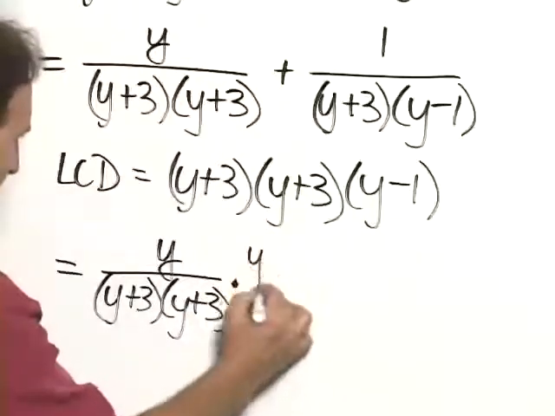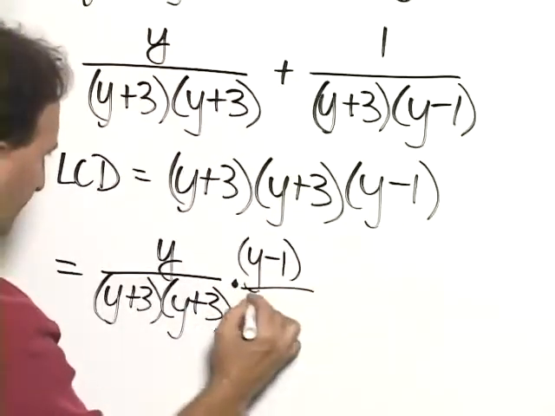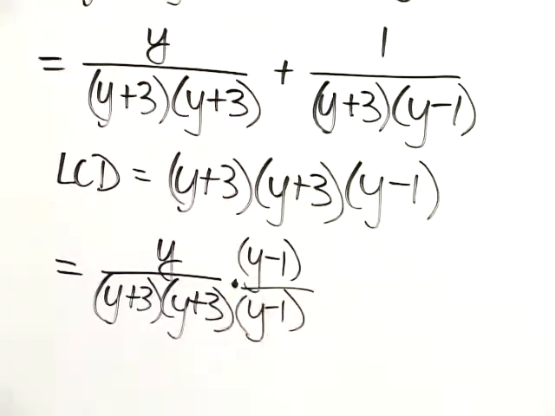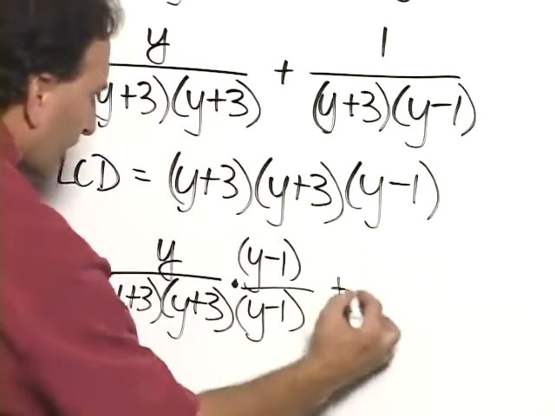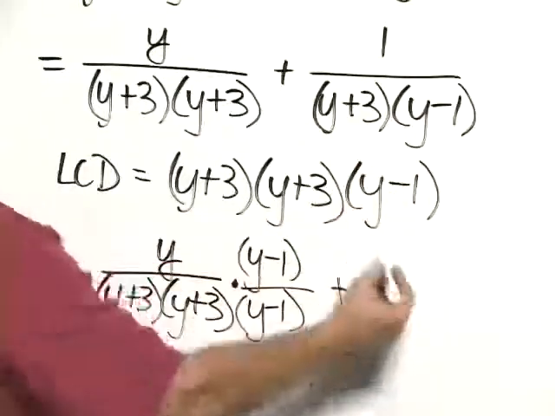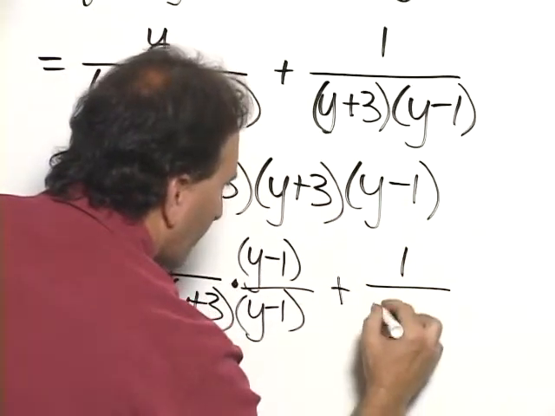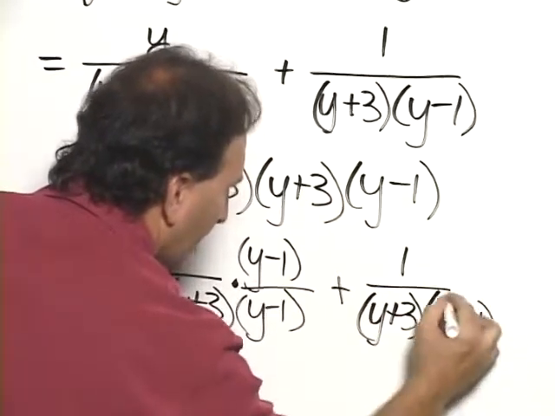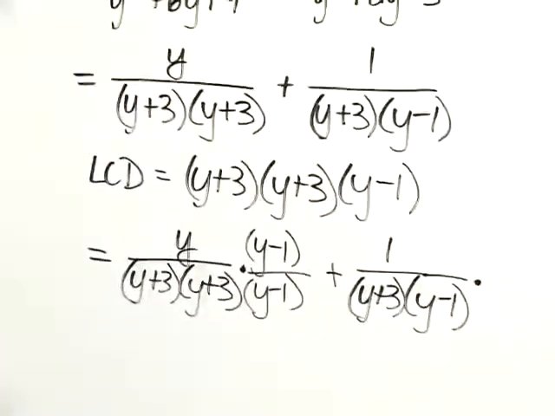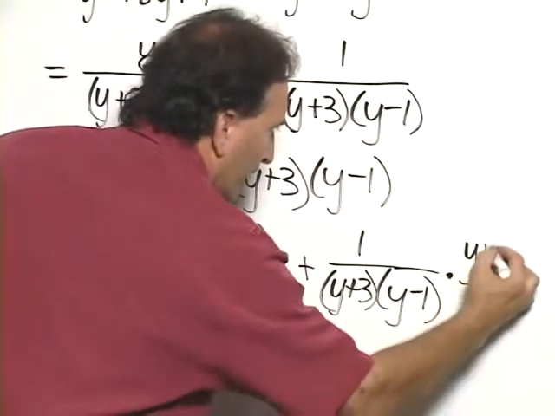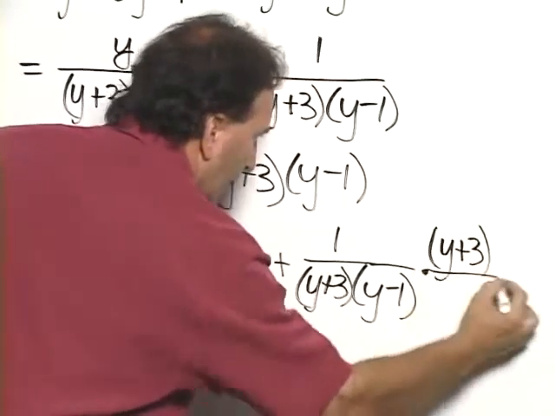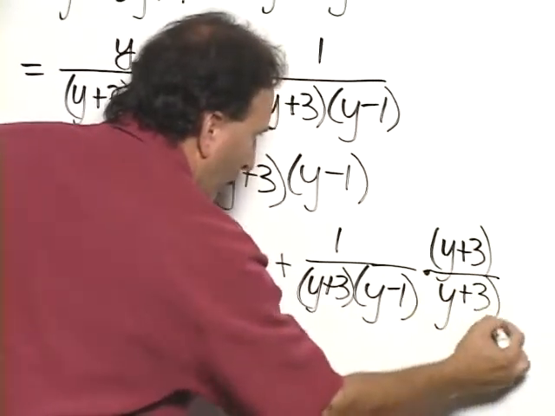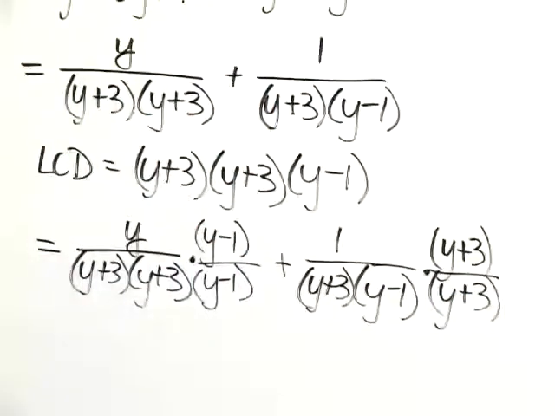We would have to multiply by y minus 1 over y minus 1. Plus, when we take this rational expression, 1 over y plus 3 times y minus 1, we would have to multiply numerator and denominator by y plus 3.